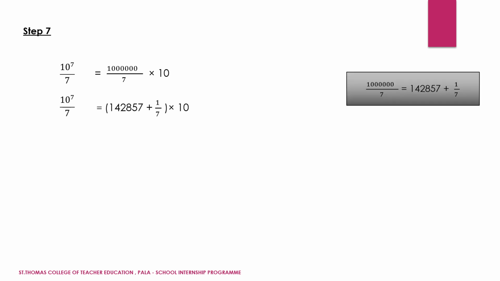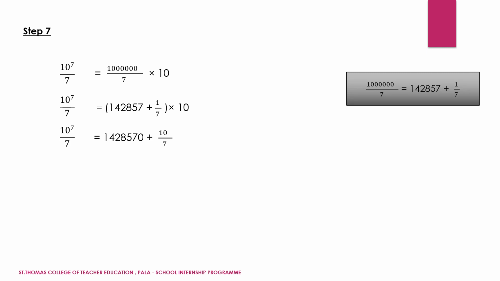Yes, it's step 7 and you are considering 10 raised to 7 by 7 and you split it as 10 lakh by 7 into 10. Always remember that split it in terms of 10. Okay. Now, instead of 10 lakh by 7, we can write 1,42,857 plus 1 by 7, as we got it from the previous step. Now we are applying distributive property and we will get 14,28,570 plus 10 by 7.